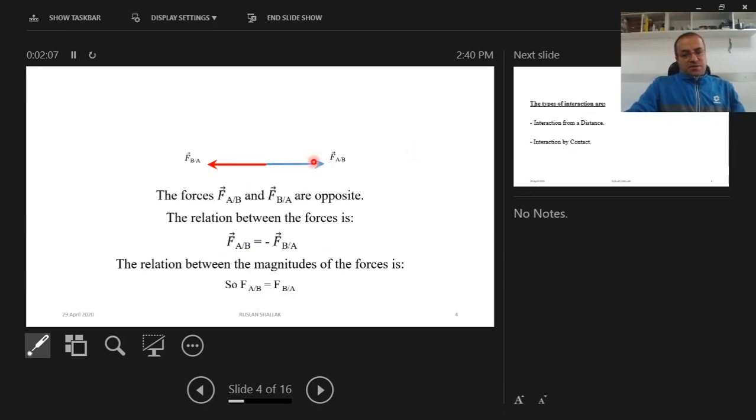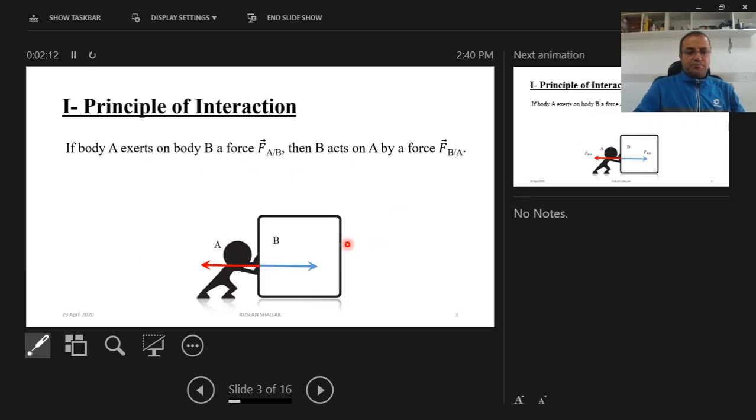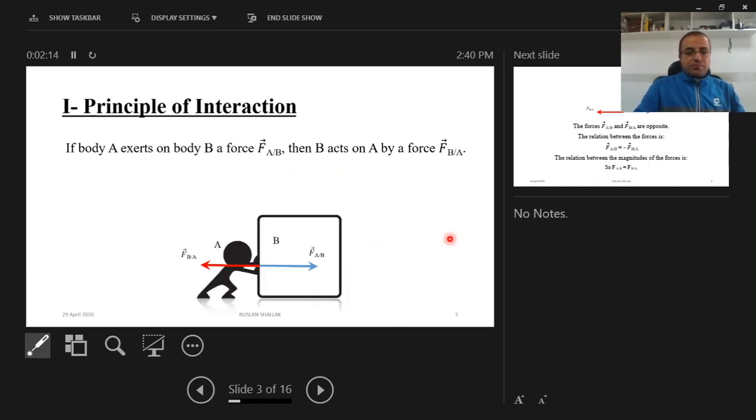What are the characteristics of these two forces? The two forces, as you can see, have the same line of action, which is horizontal. And in magnitude, in forces in physics we talk about magnitude, they are equal in magnitude, but they are opposite in direction.